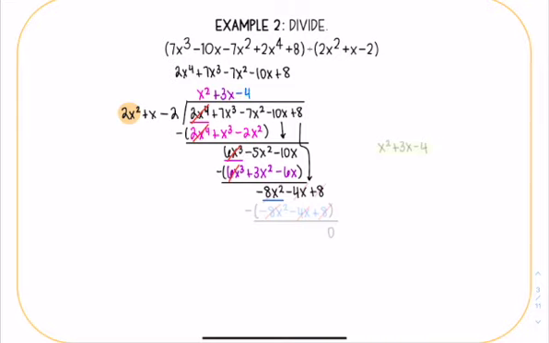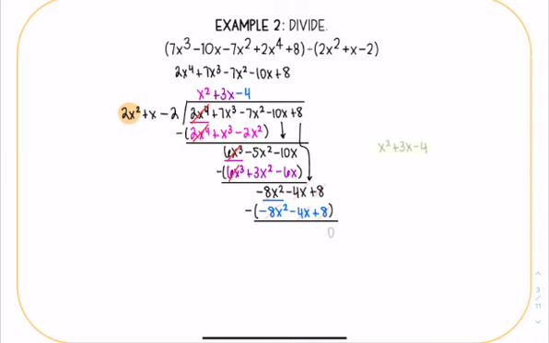Negative 4 does. So 2x squared times negative 4 is negative 8x squared. X times negative 4 is negative 4x. And negative 2 times negative 4 is plus 8. And what you'll notice this time is we have the same polynomial twice.